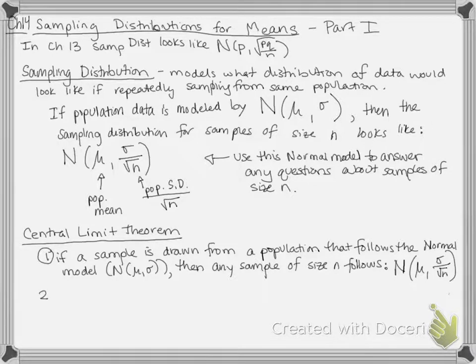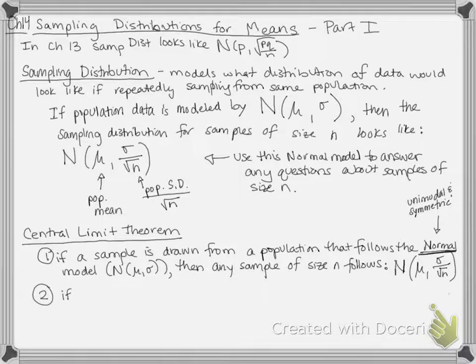The second scenario is if we do not know that our population data follows a normal model. This would be like if our data is skewed or if our data is bimodal. Remember, normal means unimodal and symmetric, so if it's not normal, it's not unimodal or symmetric.